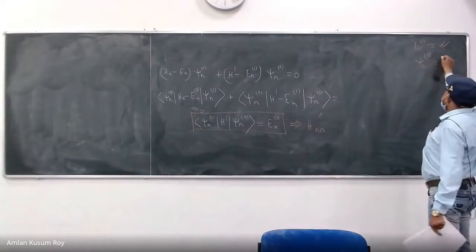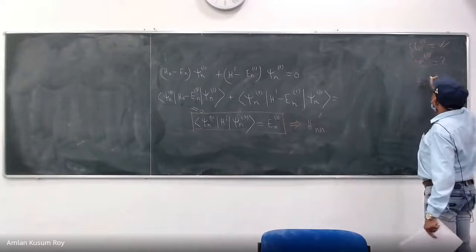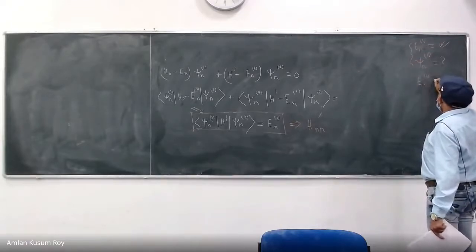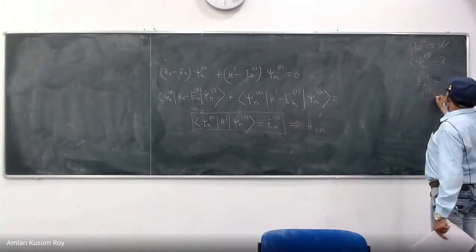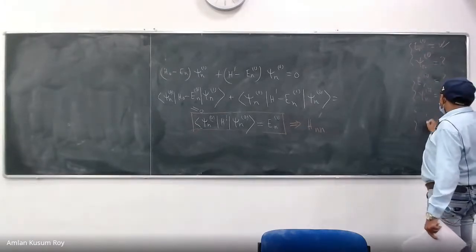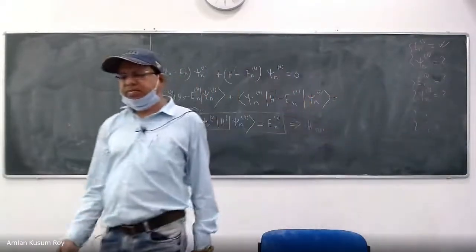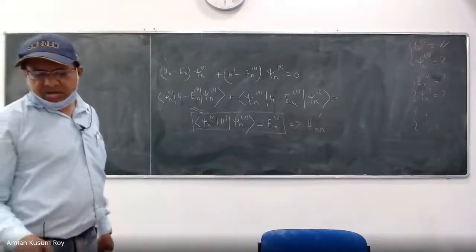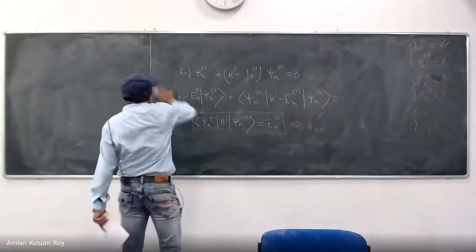I need the second order energy correction, which is very important, and then if possible the future strategy, how to generalize this stuff. That is the flow of this class.